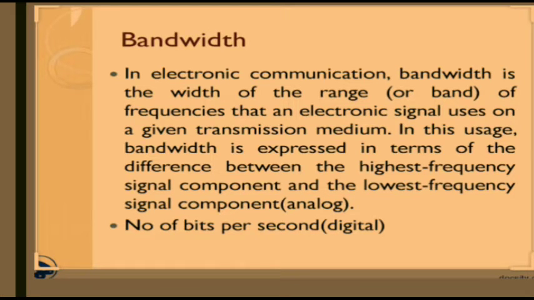In this usage, bandwidth is expressed in terms of the difference between the highest frequency signal component and the lowest frequency signal component. And for a digital signal, it is the number of bytes per second. This is about bandwidth.